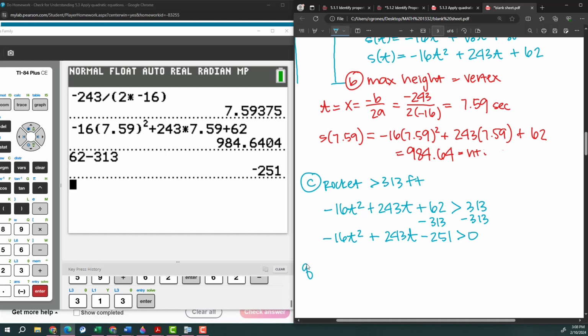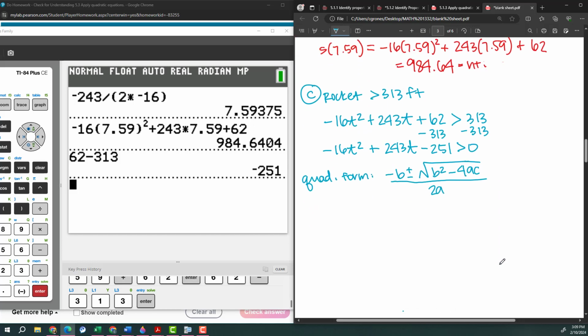Remember, our quadratic formula is negative b plus or minus the square root of b squared minus 4 times a times c, all over 2 times a.